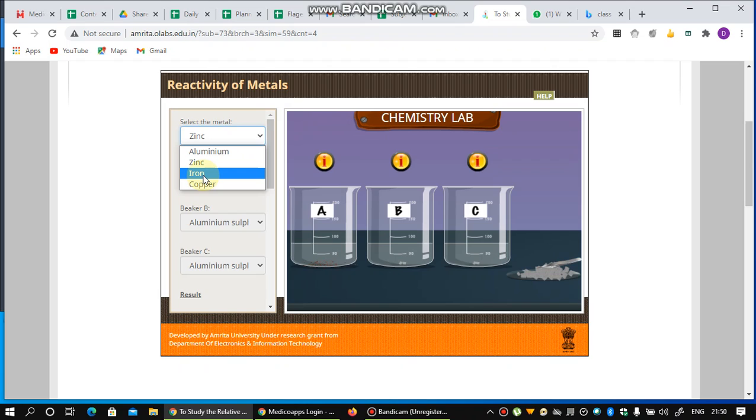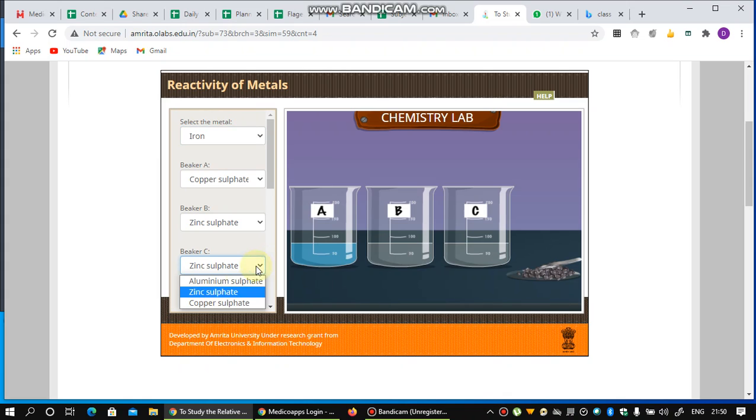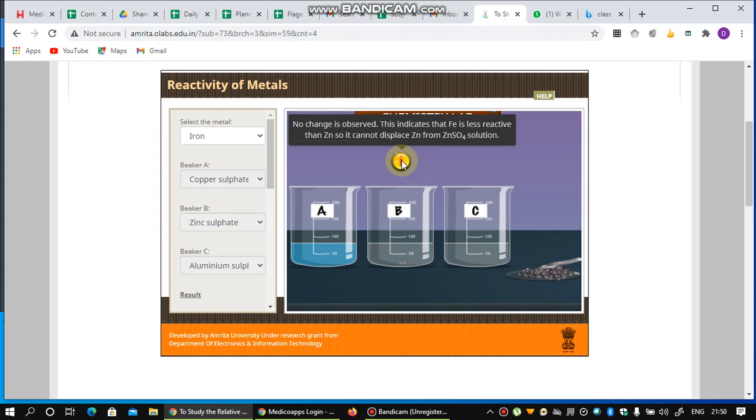Next metal is iron. I have kept it in beaker B, which had the zinc sulfate. So what happens? No change is observed.